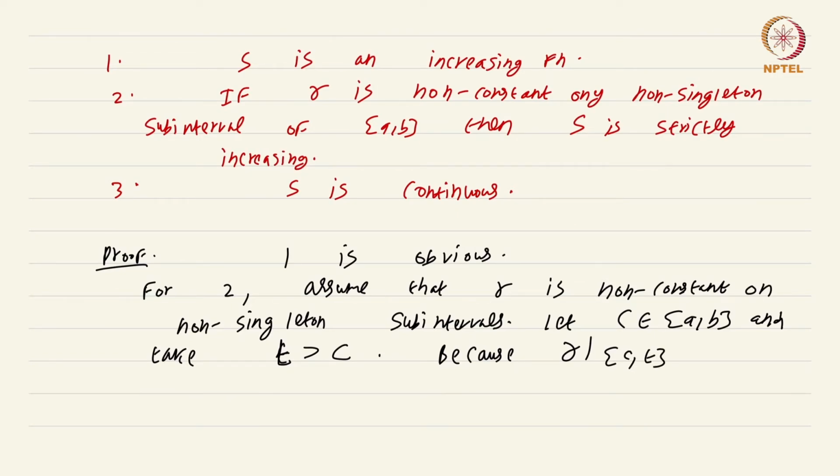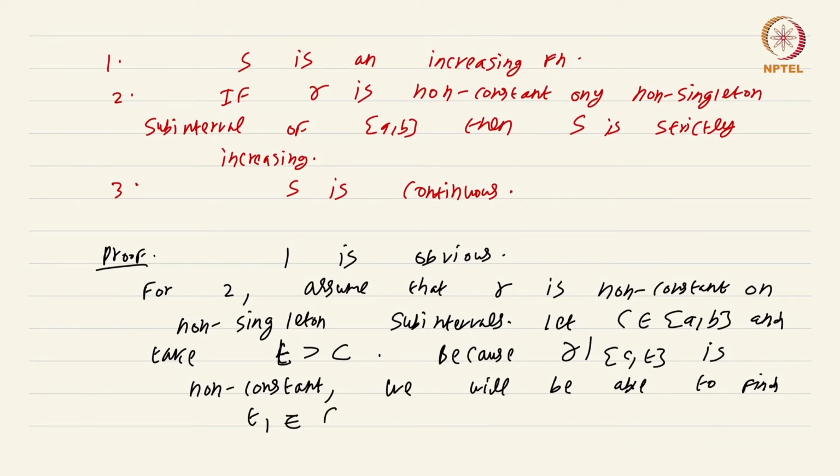Because gamma restricted to [c, t], because t is greater than c, is non-constant, we will be able to find t1 in this interval [c, t] such that gamma of t1 is not equal to gamma of c.